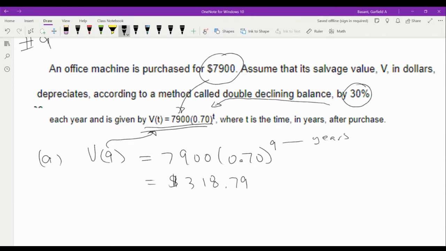Samir, you okay? Do we multiply by 365? No. The t here in the formula is already in years, so we don't need to convert it to anything.